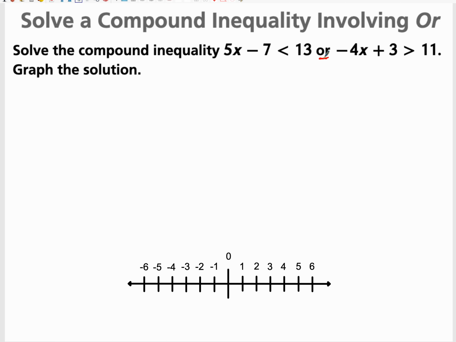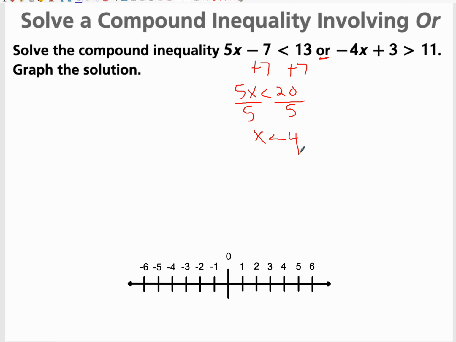We just solve each one independently. We know how to solve this. So how do I solve 5x minus 7 is less than 13? Add 7. So 5x is less than 20. Divide by 5, so x is less than 4. Okay?